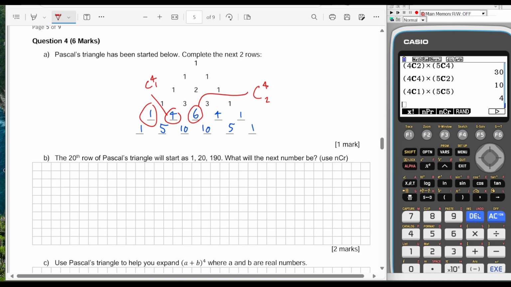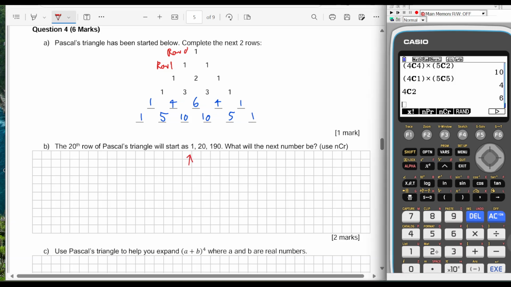And if you work out C4,2, you should get 6. Now, I'd really, really encourage you to do this in the test, just to make sure that you've got the right idea of how the C's line up to the Pascal's triangle. So they're telling us, by the way, with all this, you count this first one as row 0 and row 1 and etc. You always count from 0. So the 20th row starts as that.